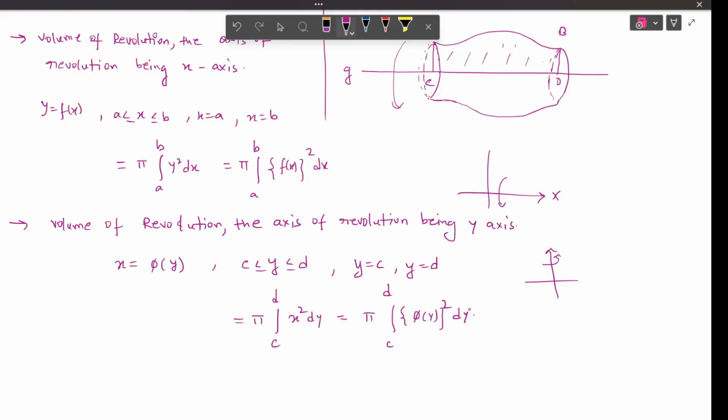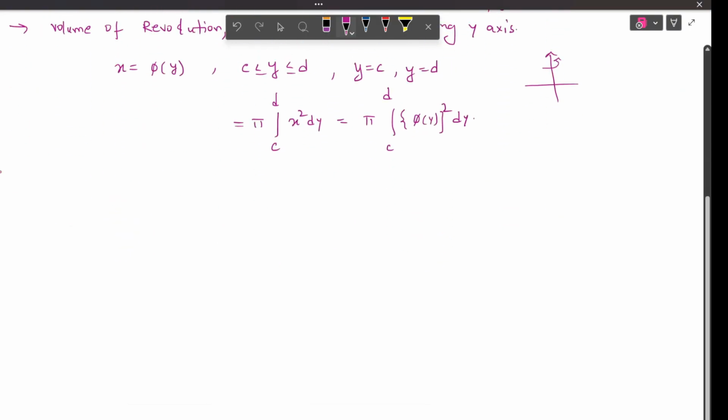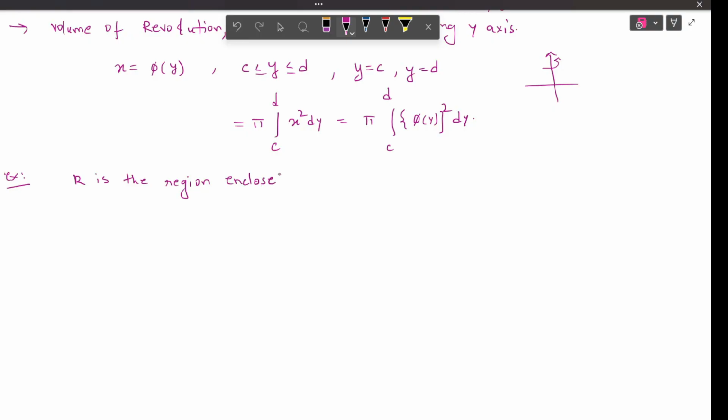Okay. So let us see some examples. Let us say R is the region enclosed by the hyperbola xy equals 2, y is 1 and y is 4, and y-axis.